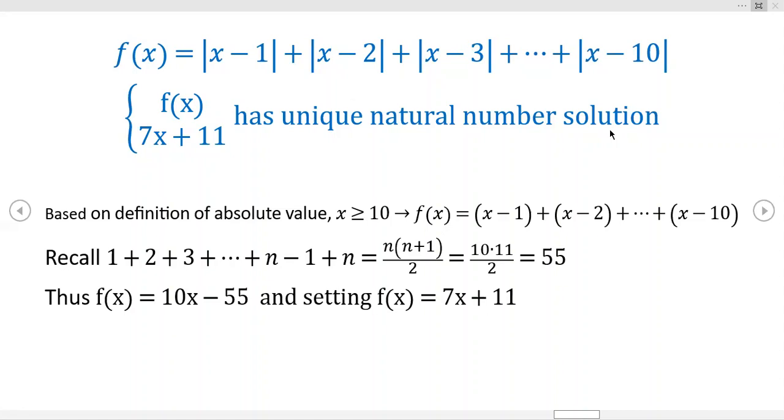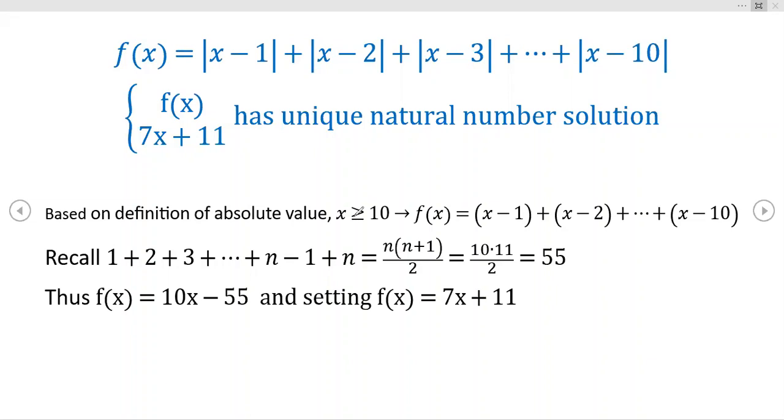And so that leads us to maybe make a simplifying assumption. Now, what I did here is I made the most straightforward assumption I could to see if this might lead to a solution. So in other words, I assumed that x was greater than or equal to 10.